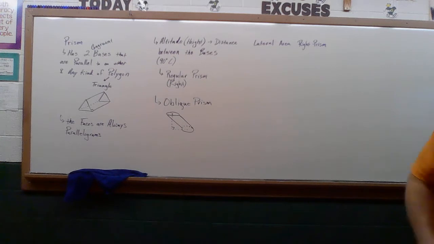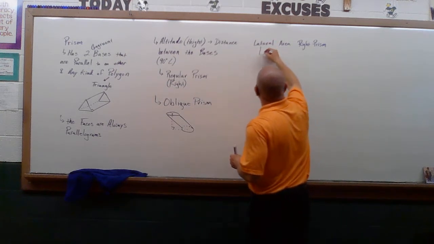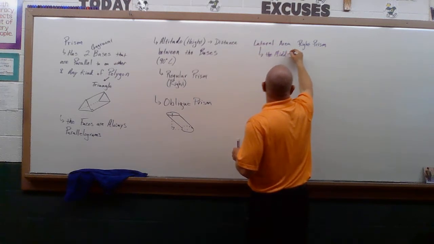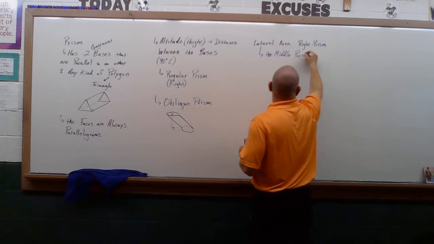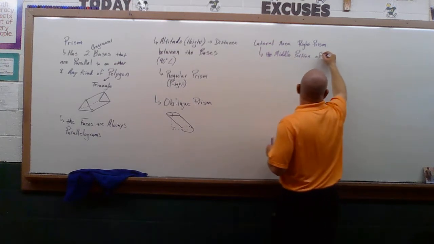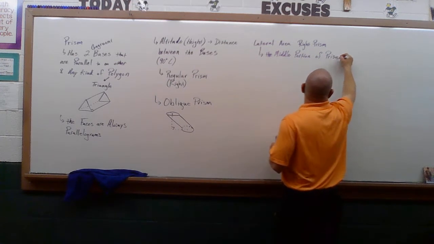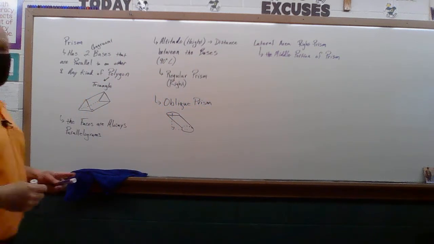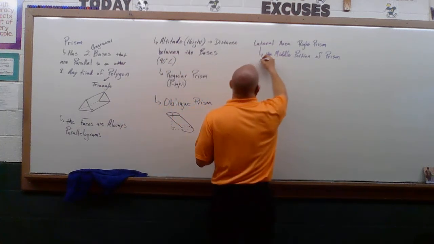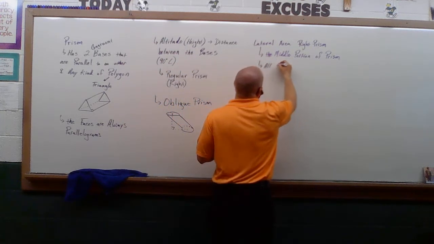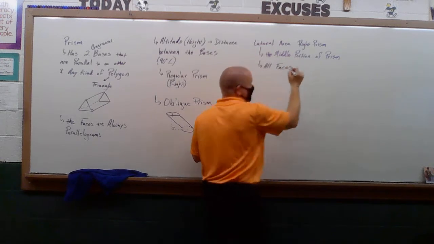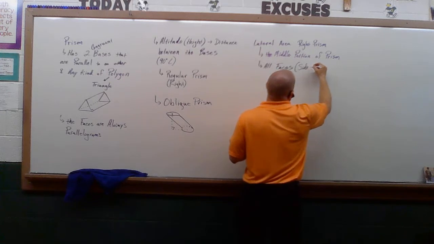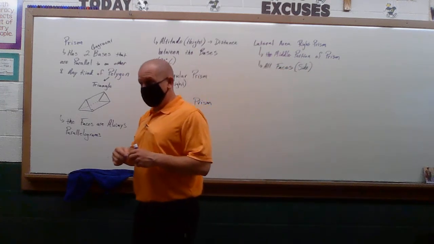The lateral area, to me, is the guts, or the middle portion. So when you think about lateral area, I'm going to honestly take the area of all the what? The faces or the sides. Exactly right. All the faces or sides. And like I said, to me this is like the guts or the middle of it.